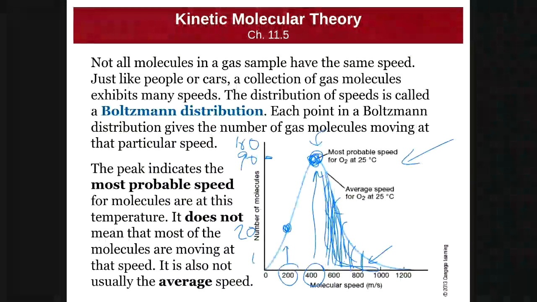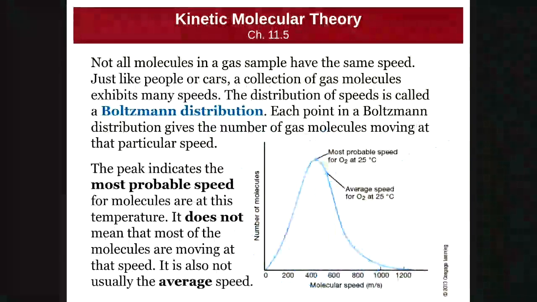It also is not usually the average speed, as you see on this graph here. Average speed is a little bit faster than the most probable speed, and that comes from the shape of the graph. So if you look at this graph, it's not perfectly symmetric about that peak, which means it's not a normal distribution if you've taken any stats.